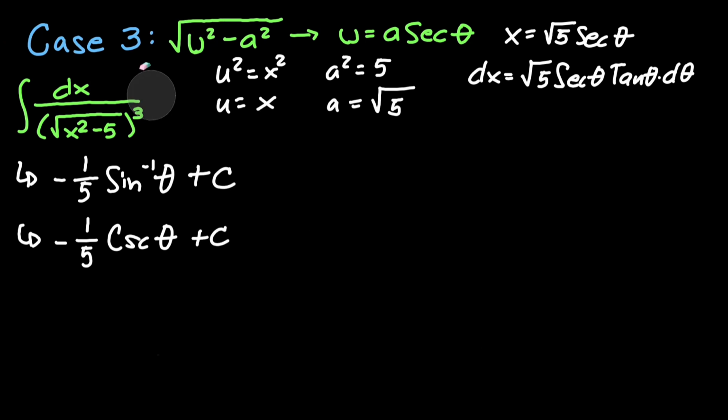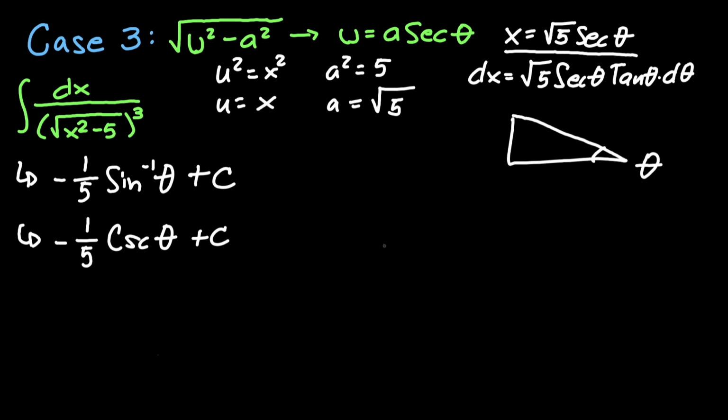And now that we have this answer, we need to find the value of cosecant. So we will use the right triangle method once again. And using this data, x would be equal to square root of 5 secant of theta. So secant of theta right here would be equal to x over square root of 5.